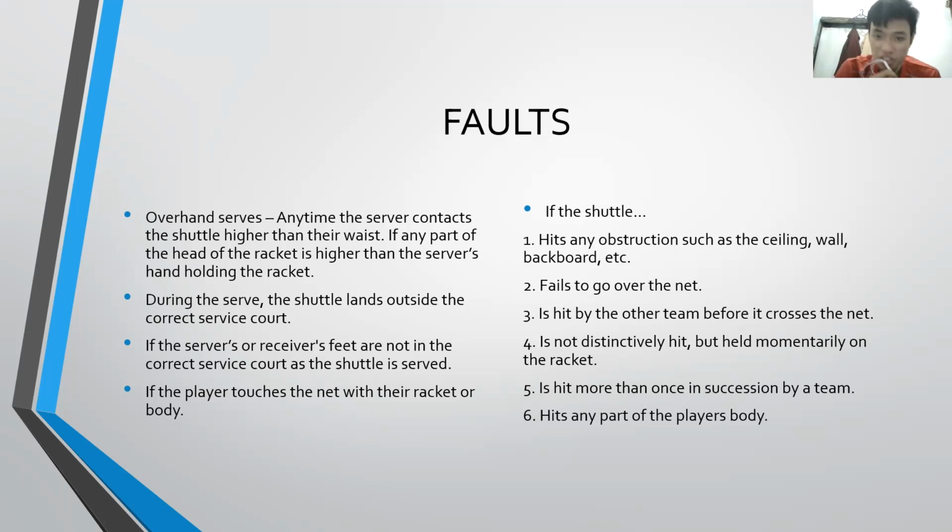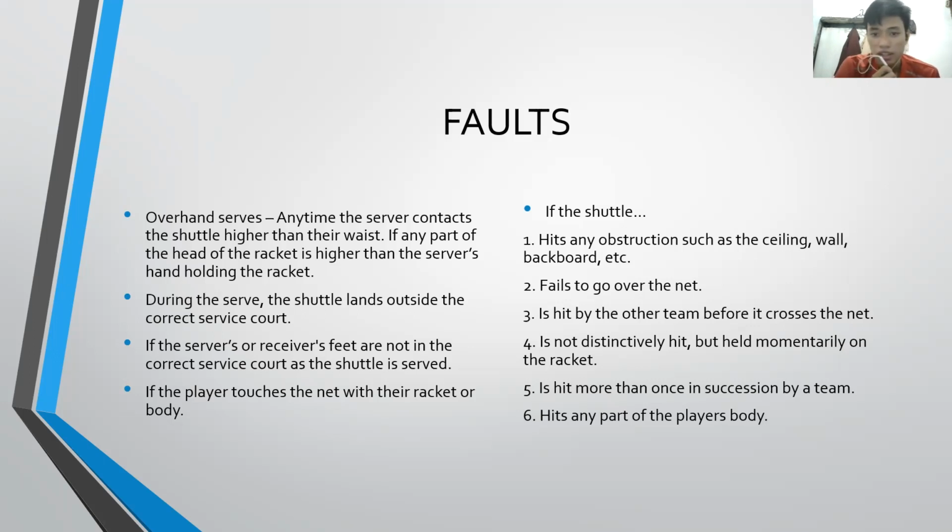Fault if the shuttle hits any obstruction such as the ceiling, wall, backboard, etc. That's pretty new for me. If the shuttle fails to go over the net, all right, that's obviously fault, and the opponent's side got the point.